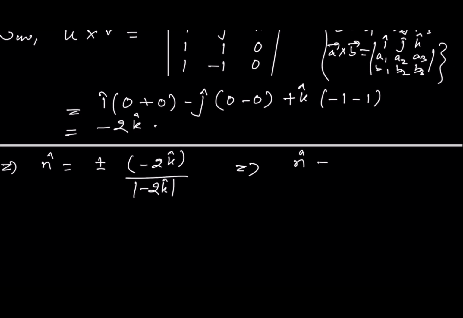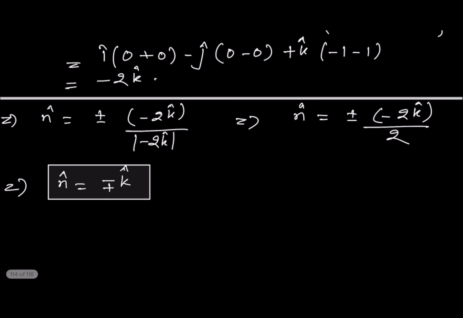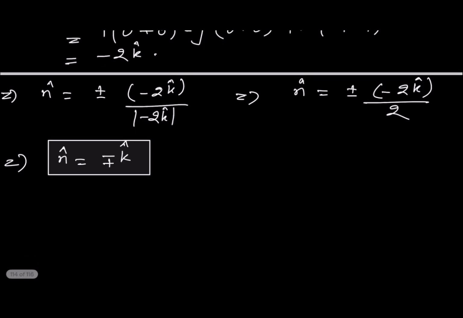So n cap is plus minus 2 k cap on 2, or we can write n cap is equal to plus minus k cap. Okay. Now we have to find w dot n cap, and w vector is also given.